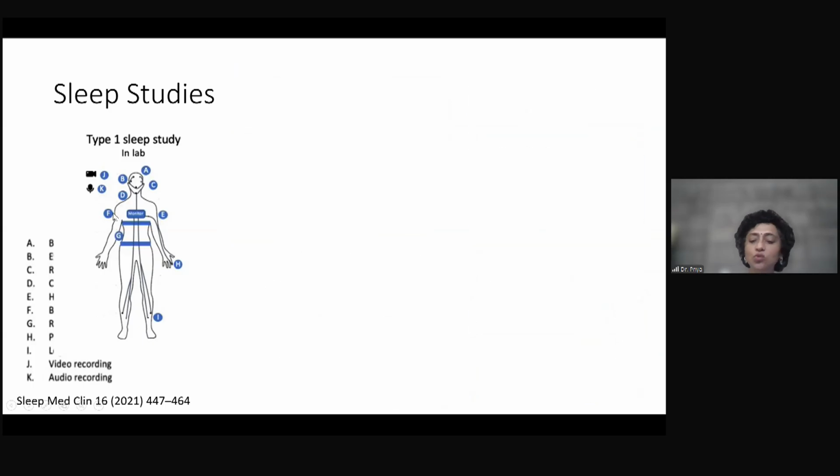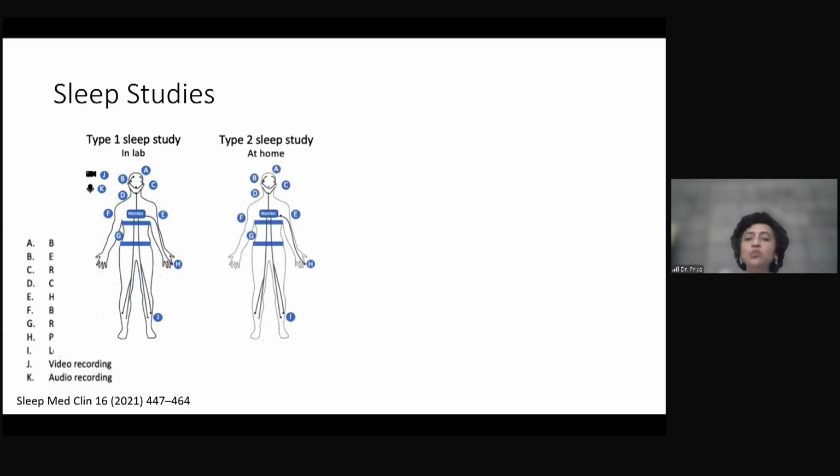The channels include brain EEG, EOG, the chin, the breathing channels, chest movements, pulse oximetry, the leg EMG, and a video and an audio, and it is observed by a sleep tech who sits and watches the whole proceedings. So this is a level 1 polysomnography, which is done in the lab and attended by the sleep tech the whole night.